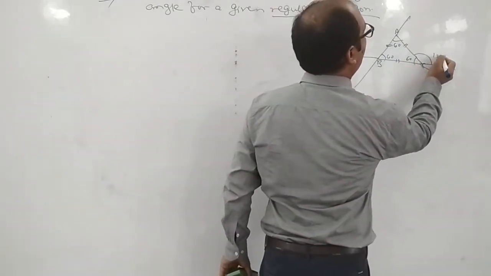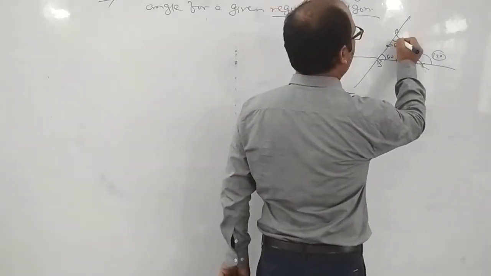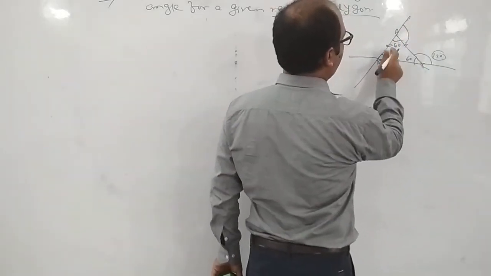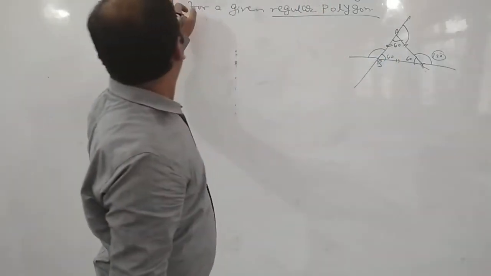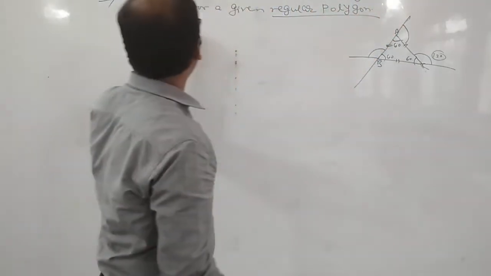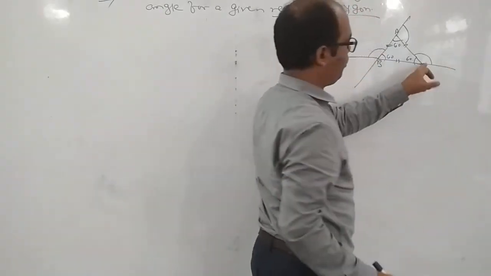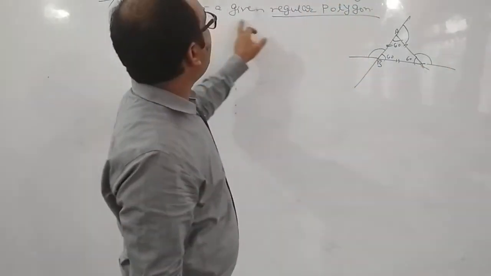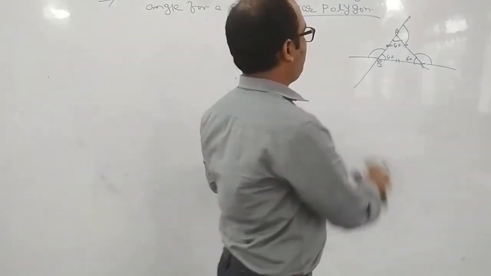So this one is 180 minus 60, that is 120. So the question is asking to write an algorithm for calculating the exterior angle. That means we need to calculate this value for a given regular polygon. So this one is a regular polygon of side 3.